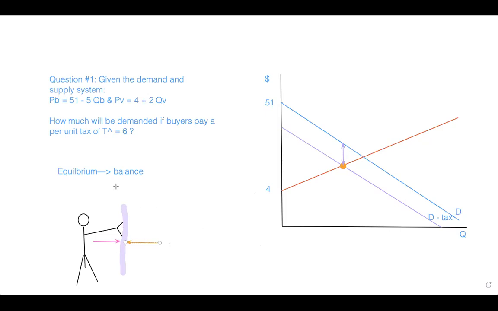But I really don't like that analogy, because there's a much clearer one in our context: the balance being achieved is simply the balance between quantity demanded and quantity supplied. So in our context, equilibrium means that quantity demanded is equal to quantity supplied.